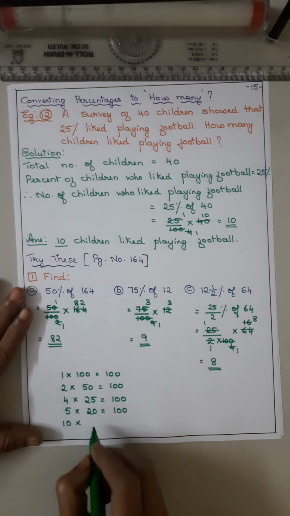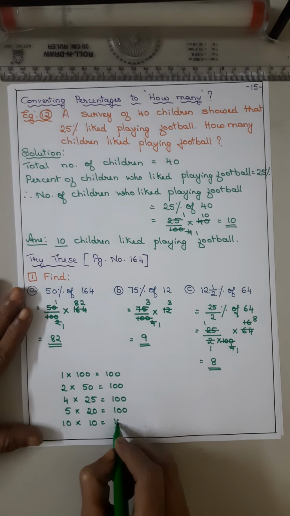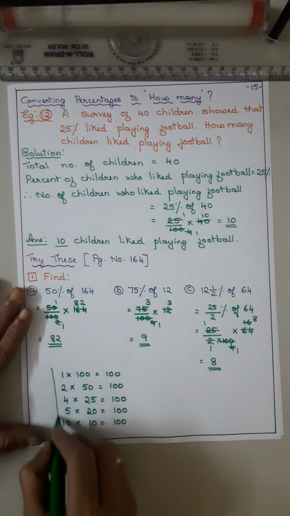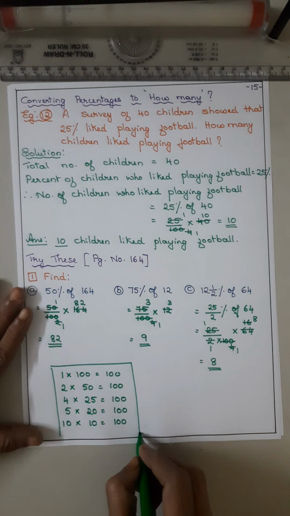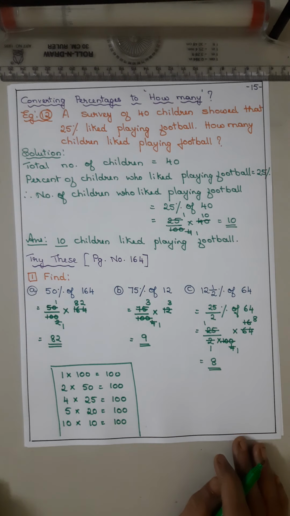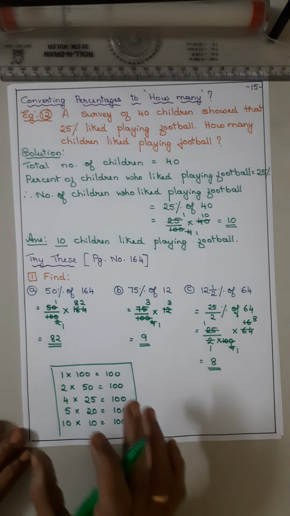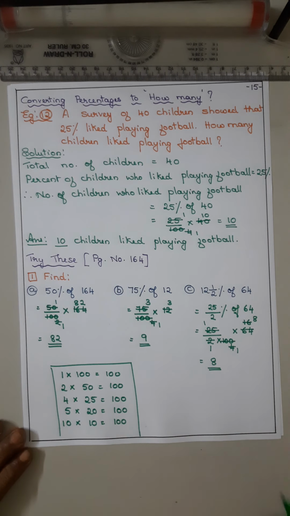And 10 10s are 100. You should remember this table. For a percentage lesson, anything related to percent, if you remember this, it will be easy for you to cancel.